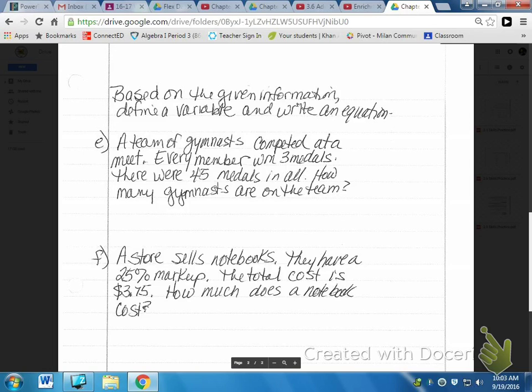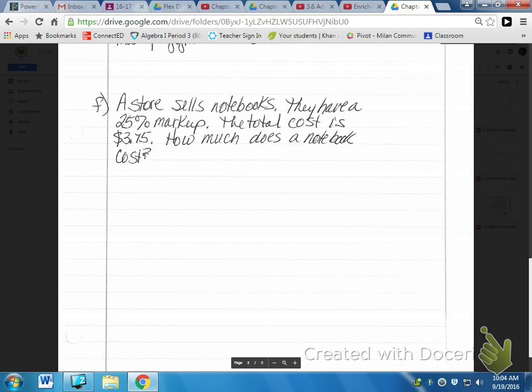I'm going to scroll down just a little bit so I have a little more room to work. A store sells notebooks. They have a 25% markup. The total cost is $375. How much does the notebook cost to begin with? Okay, first of all, we're looking for how much a notebook costs.